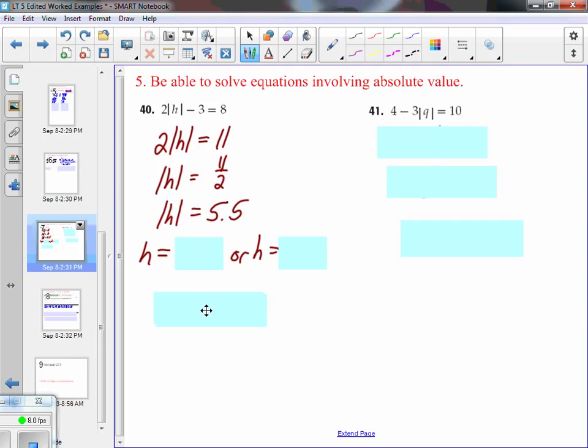Either way is fine with me. Now I'm ready to make my two statements. H can be replaced by -5.5 or H can be replaced by 5.5. Both of those make true statements, don't they? We're fortunate enough here we don't have any more solving to do like we did on some of these examples. We already have H equals.